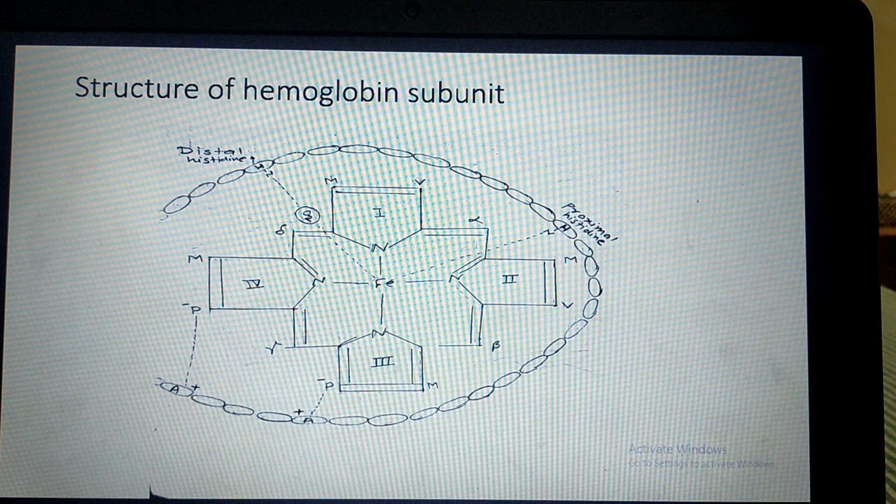Actually, many histidine molecules are present in a globin chain, but these 2 histidine molecules form direct or indirect bonds with the iron atom. Therefore, they are separately named. Proximal histidine means it is nearer to the central iron atom, whereas distal histidine means it is a little bit far away from the central iron atom. Therefore, it is named distal histidine.